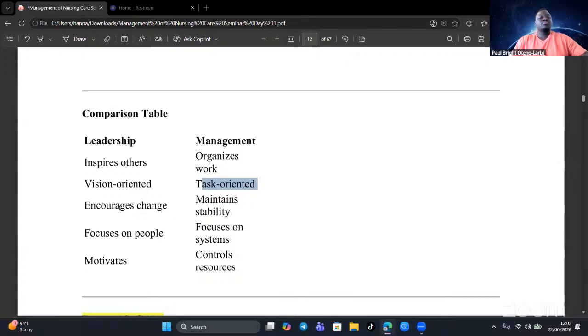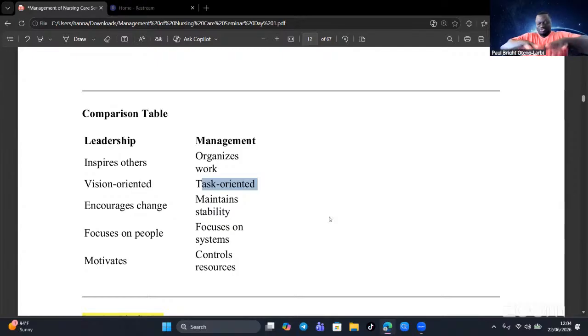Sometimes some leaders will be motivating their colleague nurses. I have seen flight nurses saying, they are paying them, let's resign and go, and then they will resign and go. But the manager will never tell you to resign and go and work somewhere.